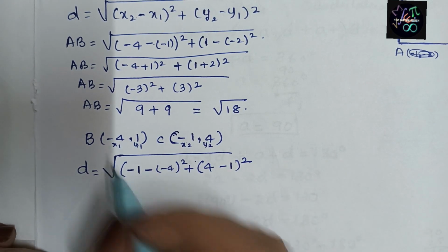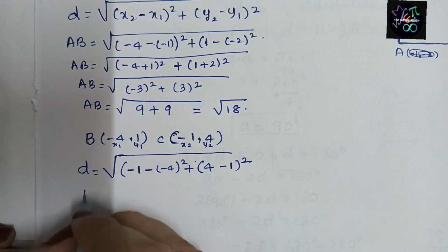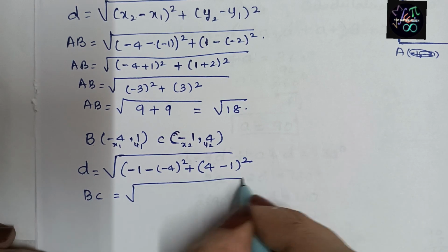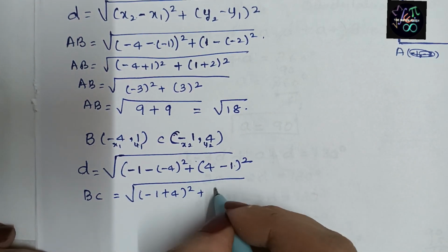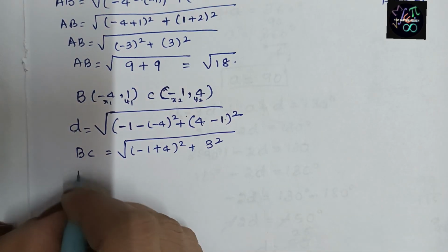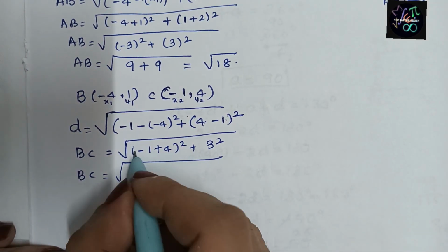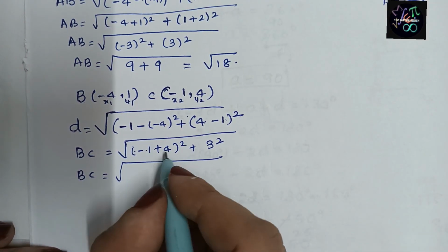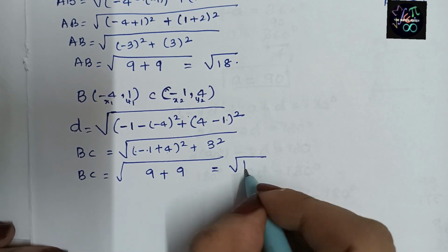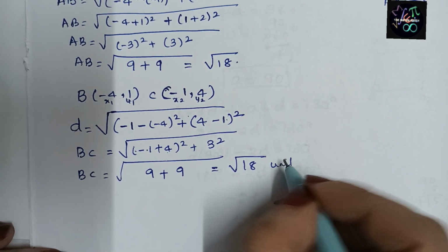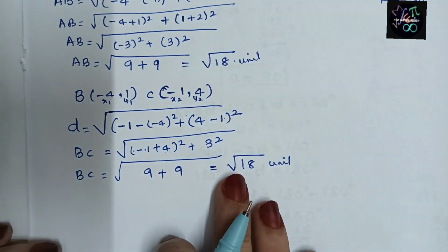So I have substituted the values. BC is equal to root of (minus 1 plus 4) whole square plus (4 minus 1, which is 3) square. Here 3 square is 9 and 3 square is 9. Again, BC also we got root 18, and AB also we got root 18.